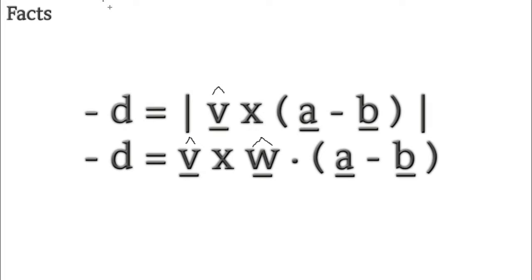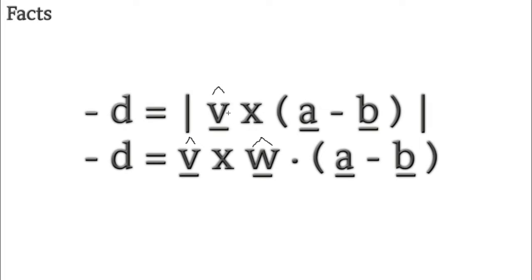This formula is used for parallel lines, and a and b are points on either line respectively. So if a is on line 1, then b has to be on line 2, and vice versa.